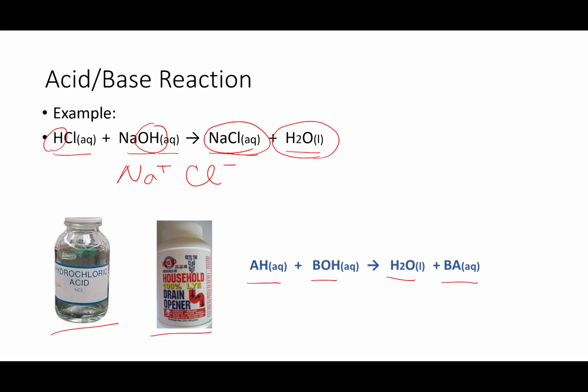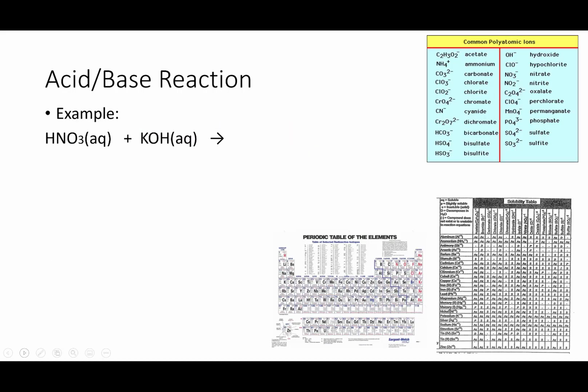And I like saying these generic forms out loud because there is a rhythm to them. If you read them out loud, very often you can sort of hear what kind of reaction you have. Hydrochloric acid plus sodium hydroxide gives you sodium chloride plus water. You can sort of hear what's going on in that reaction.